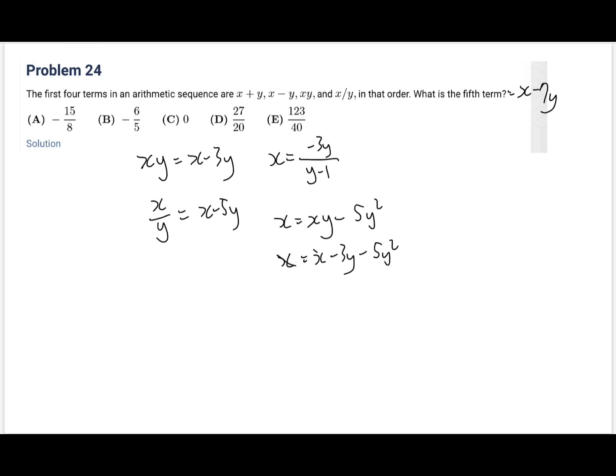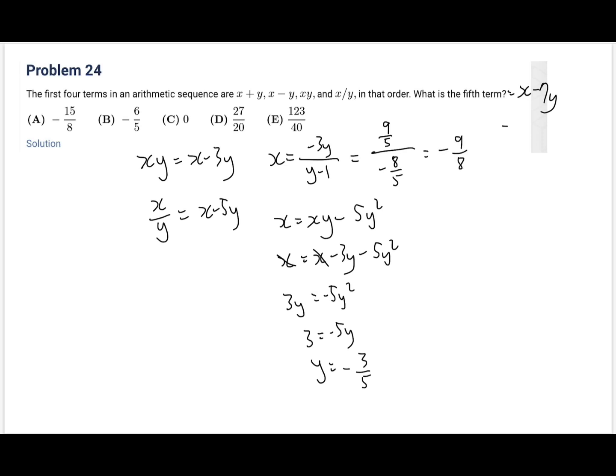Okay, so take out the x's. So 3y equals minus 5y squared. 3 equals minus 5y. y equals minus 3 over 5. And so if we put that in here, this is minus 3 over 5 minus 1. So this is minus 8 over 5. And then minus 3y would be 9 over 5. Would be minus 9 over 8.